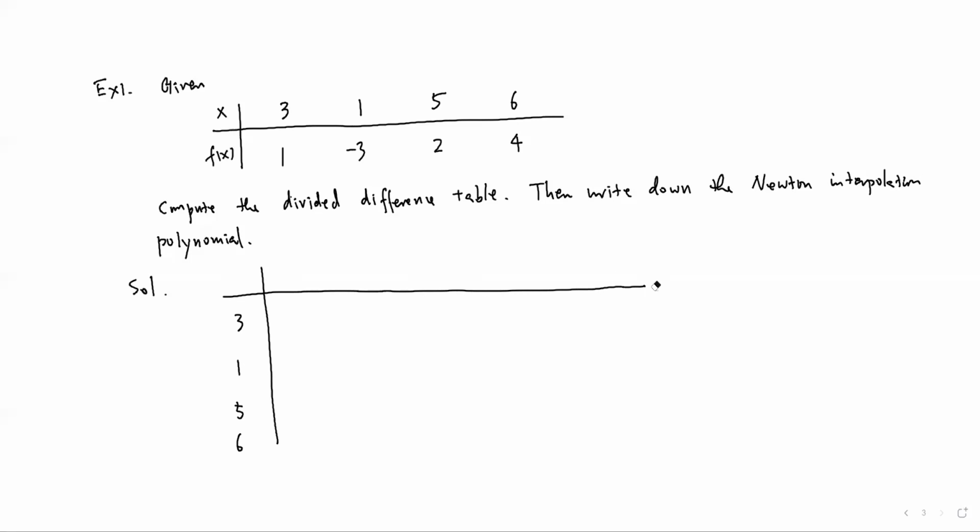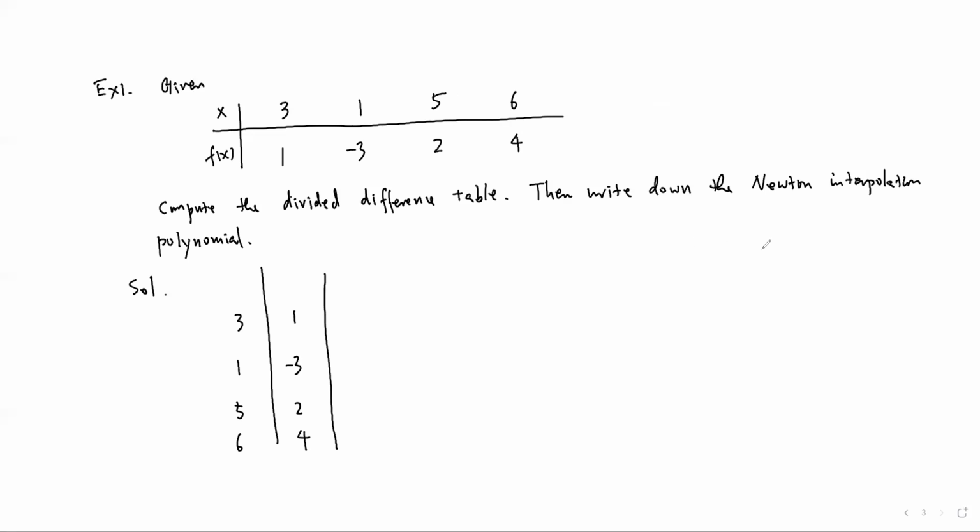The second column is the divided difference of order 0. That is the function values: 1, 3, 2, 4. The third column is divided differences of order 1.